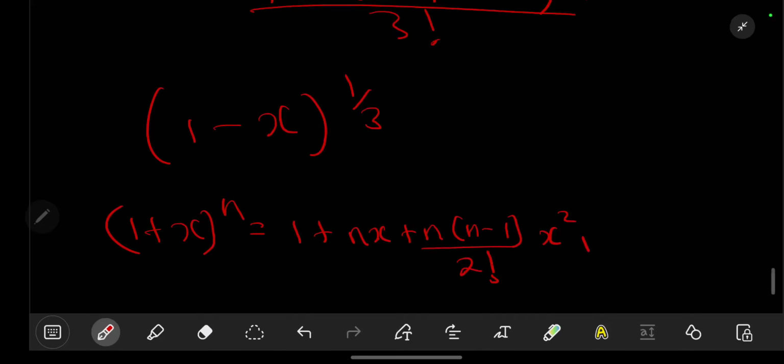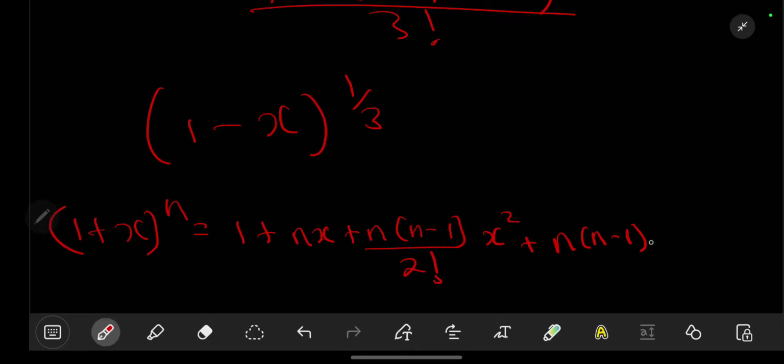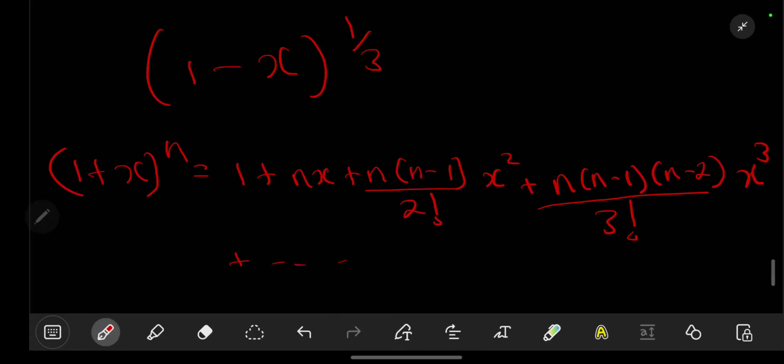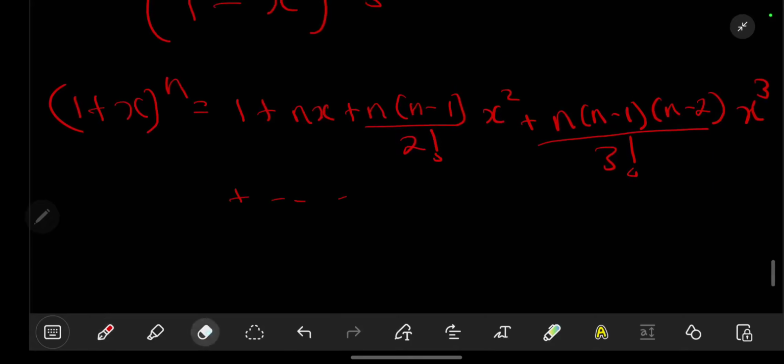Then we have plus n open brackets n minus 1, n minus 2 over 3 factorial times x to the power of 3. Then we can continue plus dot dot dot. Just to show it's continuing, you can put it there.